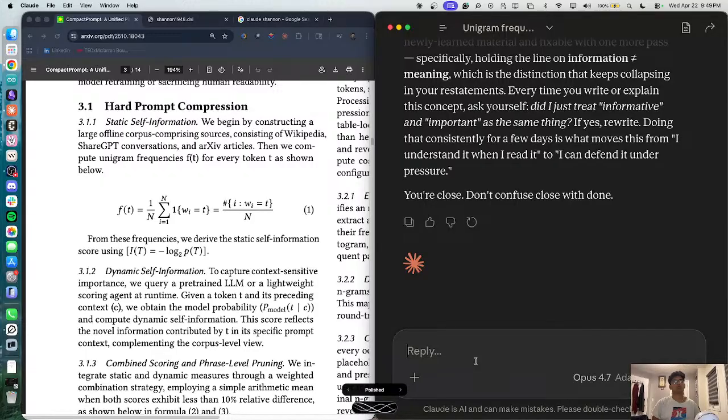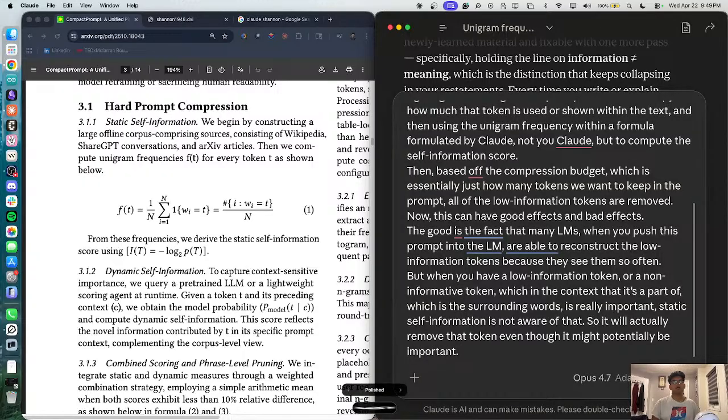So it will actually remove that token even though it might potentially be important. And another obvious advantage to this whole approach is that it's very easy to set up and implement, and also it shouldn't take a lot of computation.